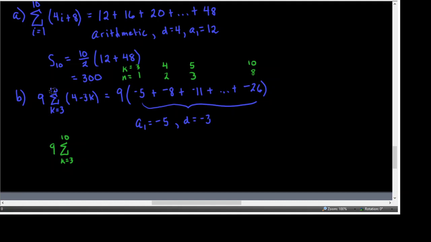So this is not 10. This should be 9. And so that wasn't 10 over here either. Okay, and this isn't going to be 10 here. So I apologize. I thought something was wrong. I just didn't see what it was, and it was basically I didn't copy down the problem correctly.